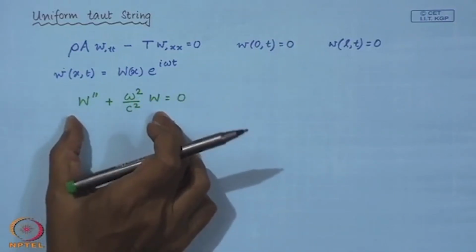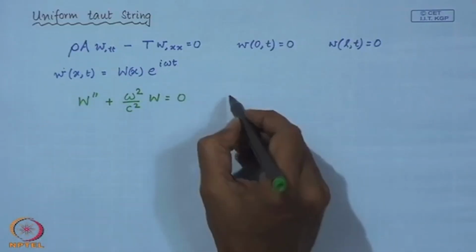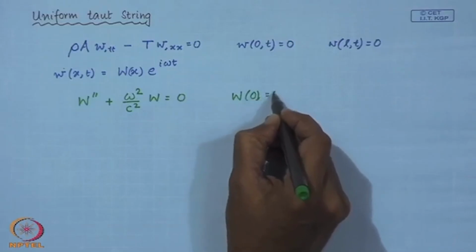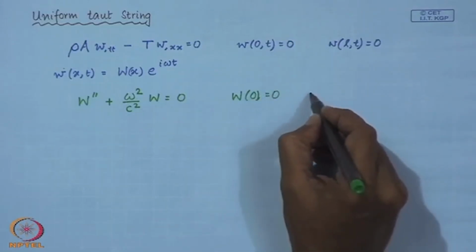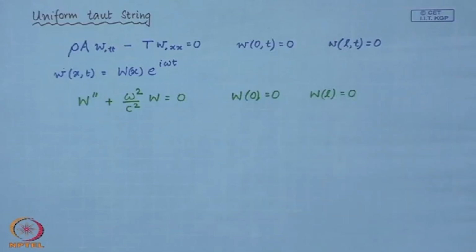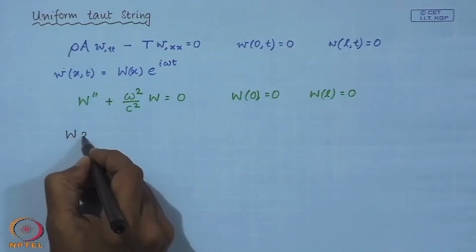So, the remaining part, the coefficient of exponential i omega t, which is this, must be 0, and along with this we must have the conditions at x equal to 0 and x equal to L. Now, this differential equation is very familiar and the solution can be written directly.